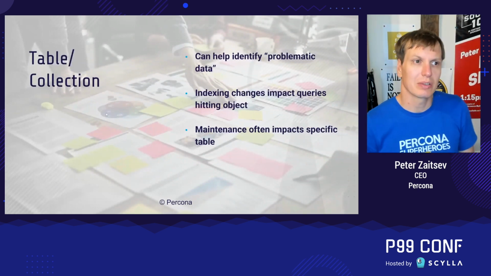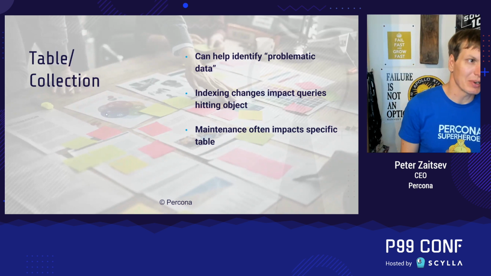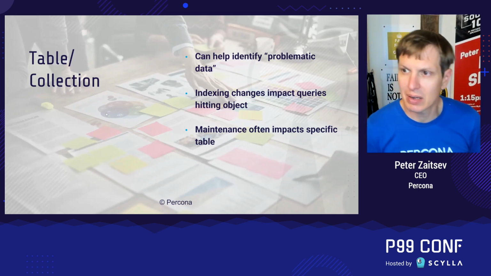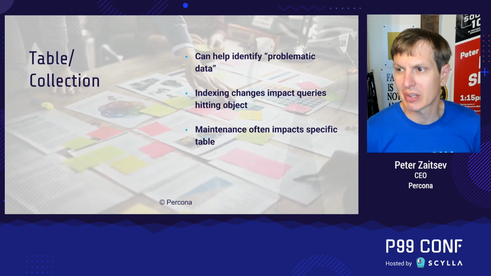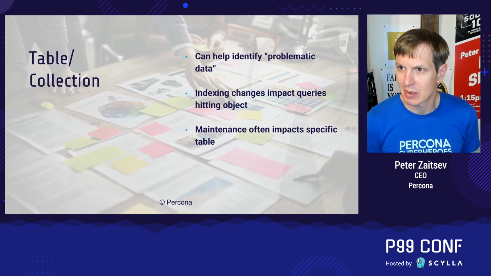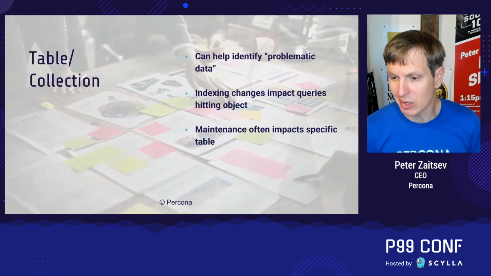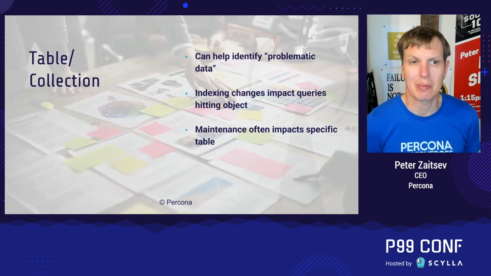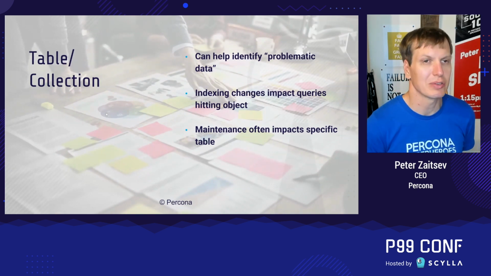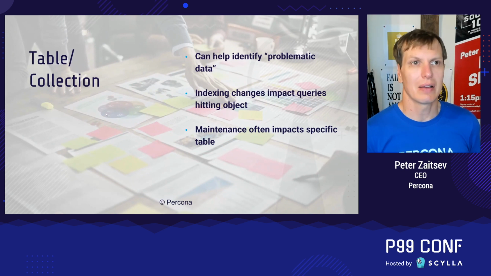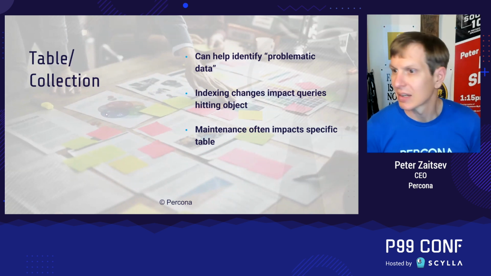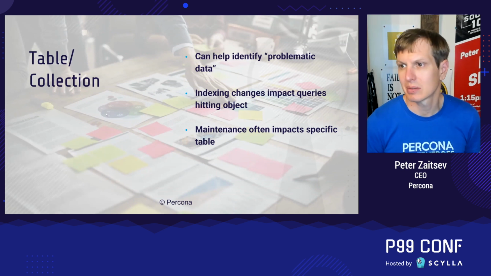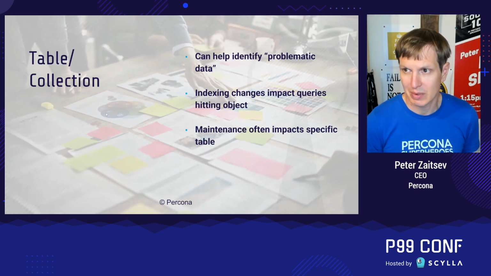It's often good to have an option to go even deeper and identify all the queries which hit a particular table or particular collection, right? In certain cases, users talk about those as the problematic data, right? I have seen so many times people saying, oh, I have this nasty table XYZ, and all queries which hit it seem to be problematic, right?